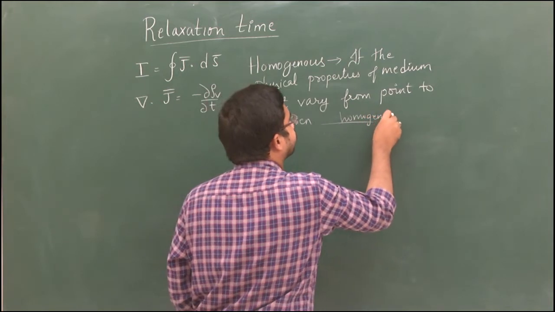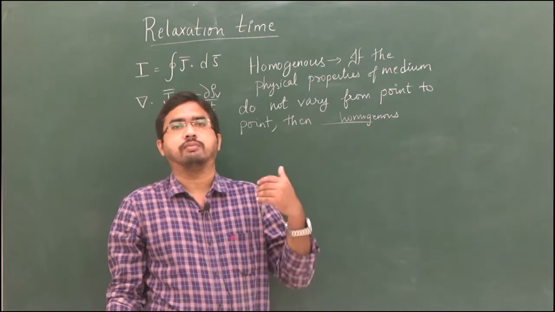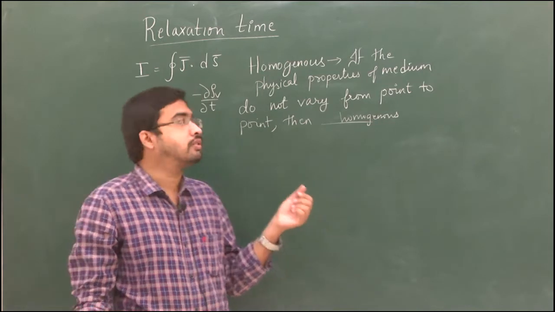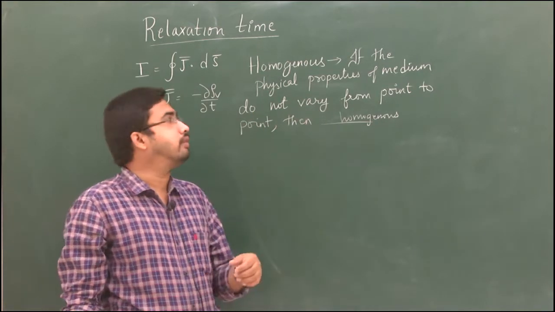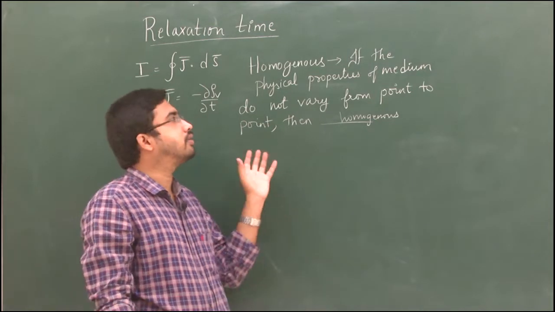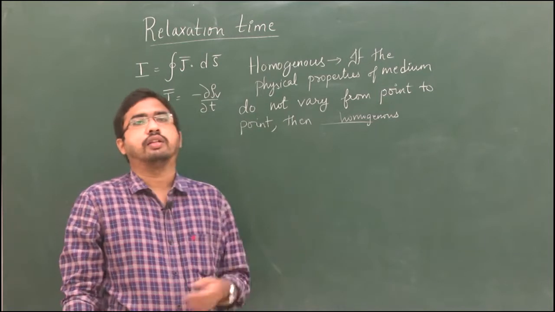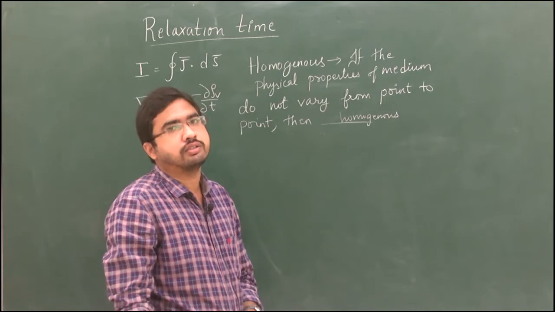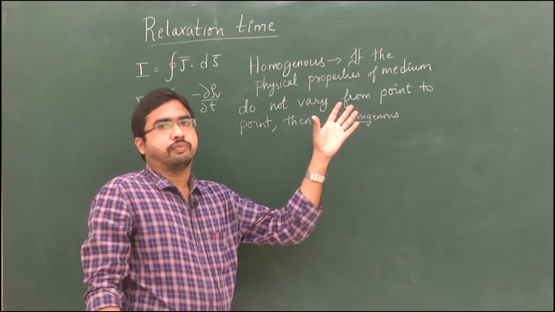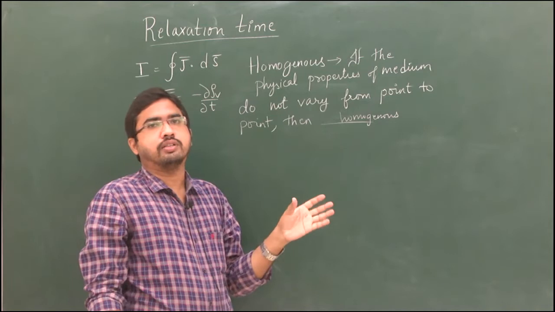That means you are taking one medium. That medium may be air or liquid or gas. We say the medium is homogeneous if the physical properties of the medium do not vary from point to point. In a homogeneous material, at every point the physical properties will be the same.